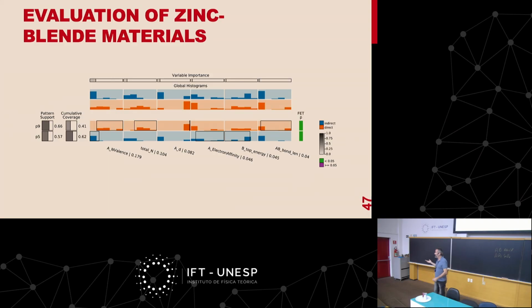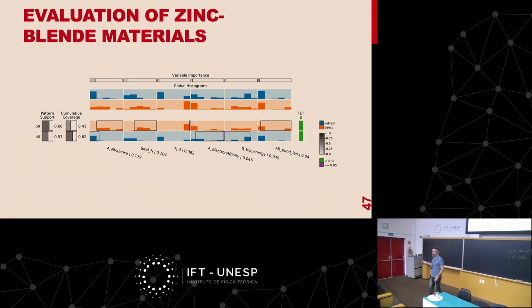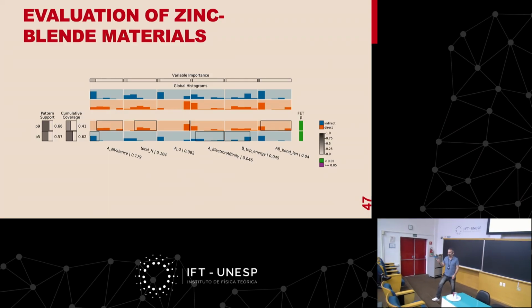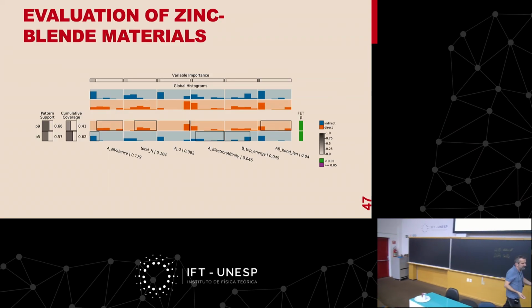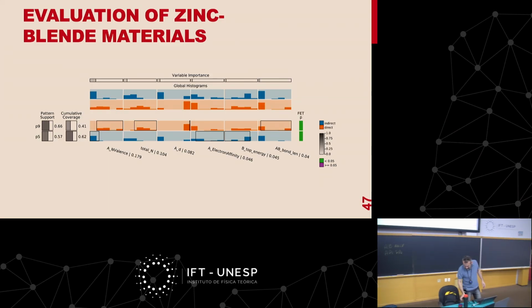So for predicting if a material is going to be a high TC superconductor, we could try to make an analysis of high TC superconductors. But then you should provide the information that is responsible in advance. It's not that it's going to discover a new thing. You just give all the properties, and it's going to select among all the properties which one is responsible for getting superconducting properties, okay?